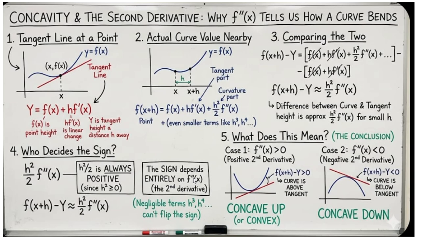What I want to say is that if the second order derivative f double dash of x is greater than 0, then f of x plus h minus the tangent height is greater than 0, and the curve is above the tangent. If f double dash of x is less than 0, the curve is below the tangent, which means the curve is concave down. Like that, we can conclude.